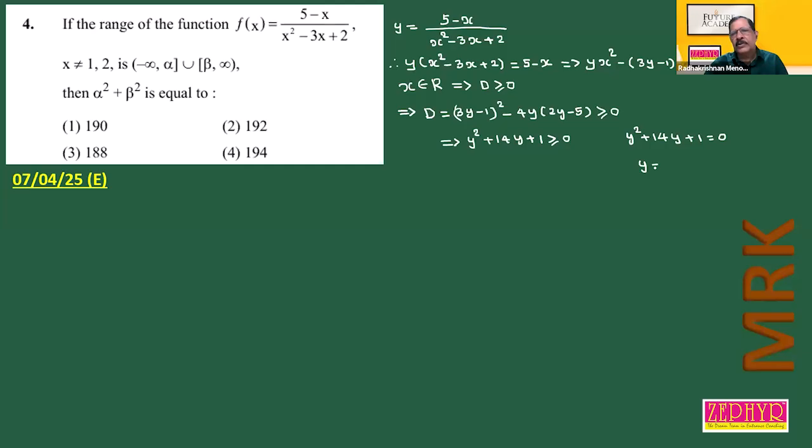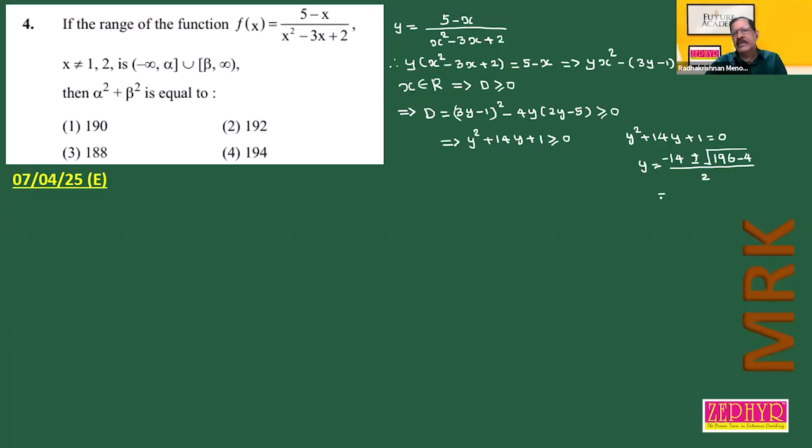Y equal to minus 14 plus or minus square root of (14 squared, 196, minus 4ac), the whole divided by 2a, that is 2.